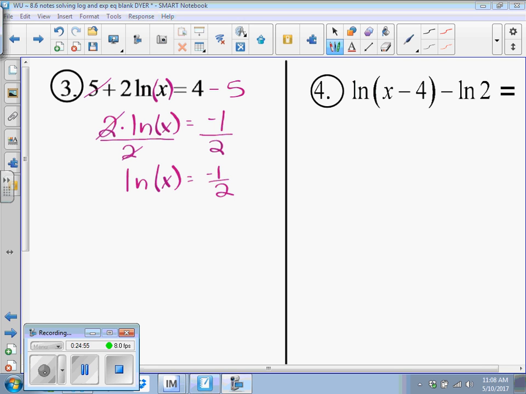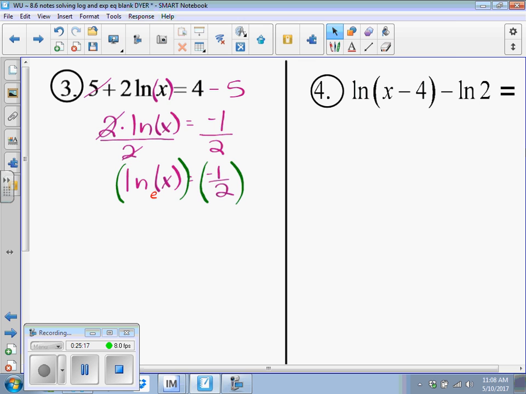But I have my log by itself, right? So you guys just told me what's the base for that log? That's base e. So my base for my exponential is going to be e. So remember, keep all that together, keep all this together, and I'm going to do e to the ln of x equals e to the negative 1/2.